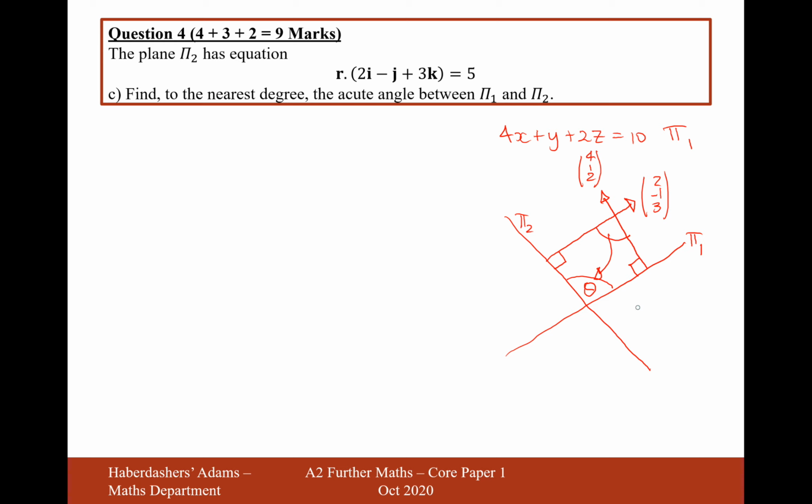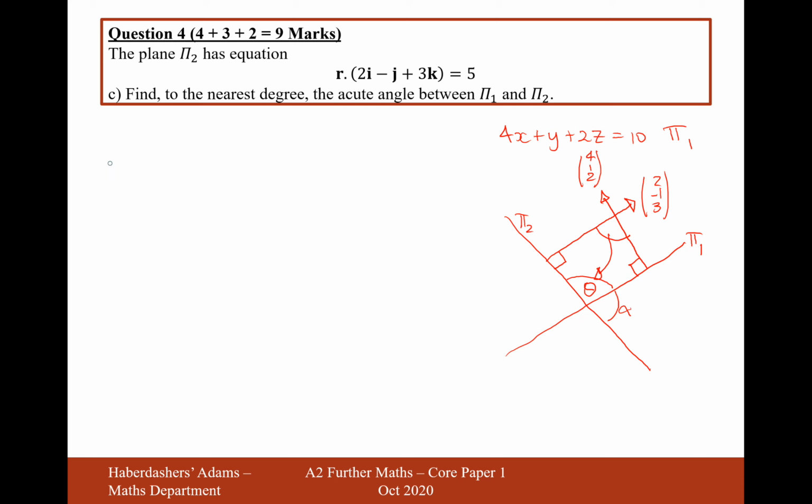In fact, it could be this angle here also, so I don't really need to subtract from 180, but we can. I like to use this diagram to help visualize that I'm taking 180 away because I'm working out the dot product between the two normal lines, and therefore doing 180 minus it will get the angle between the two planes. And it's to the nearest degree.